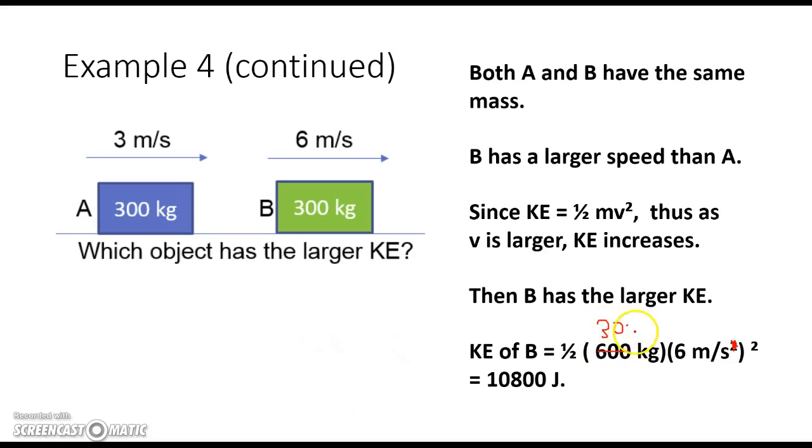So half times 300 times 6 squared is equal to half times 300 kilograms times 6 meter per second, the whole thing squared, which is equal to not 10,800 joules as I've typed out here, but actually 5,400. So that should be the case here. That's just another sample calculation for the kinetic energy.